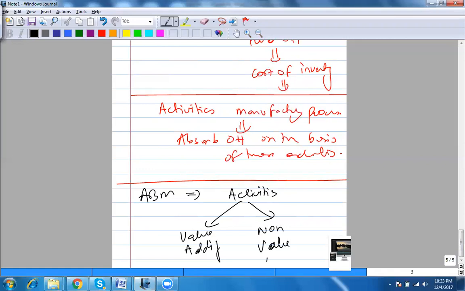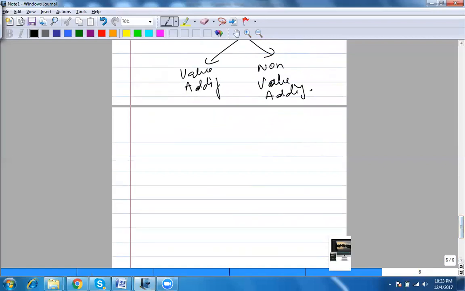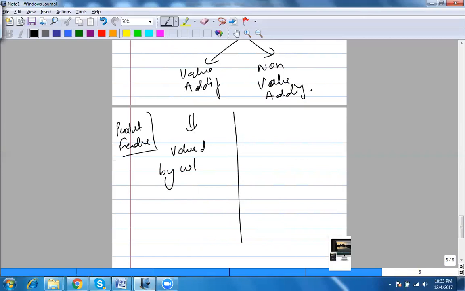Now, what exactly are value-adding activities and non-value-adding activities? There are two ways of looking at it. From the perspective of the product feature, those features of the product which are valued by a customer are value-adding.